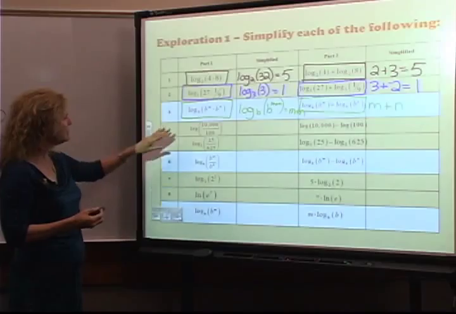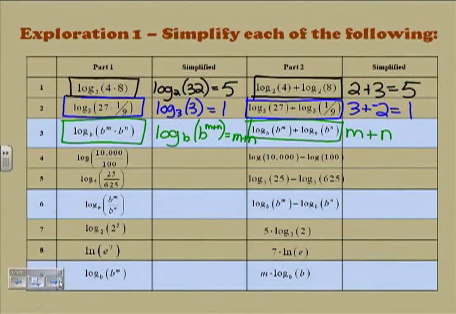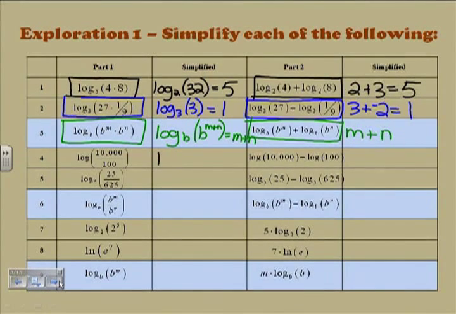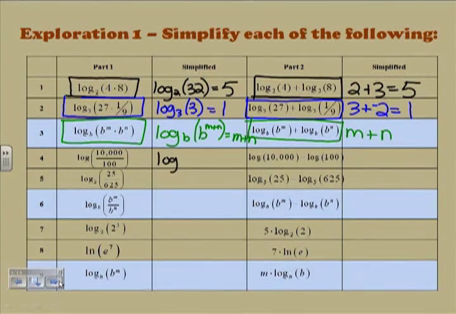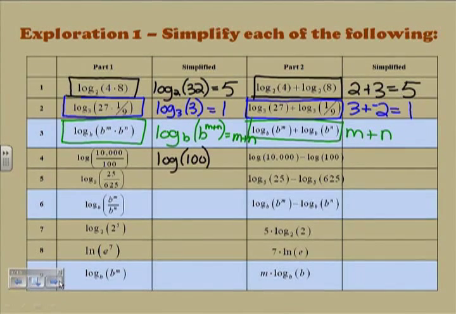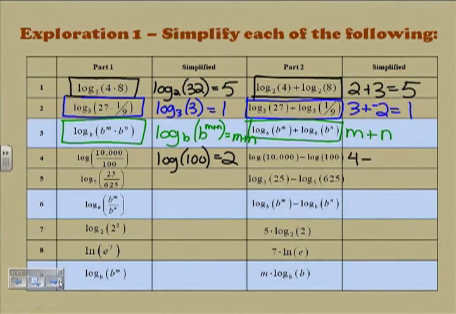Okay, let's try this next guy. We have log of 10,000 over 100. Now you know that's base 10. And I believe that that's going to be 100 when we divide, because order of operations says I should divide first. And that gives us a 2. Log of 10,000 is 4.